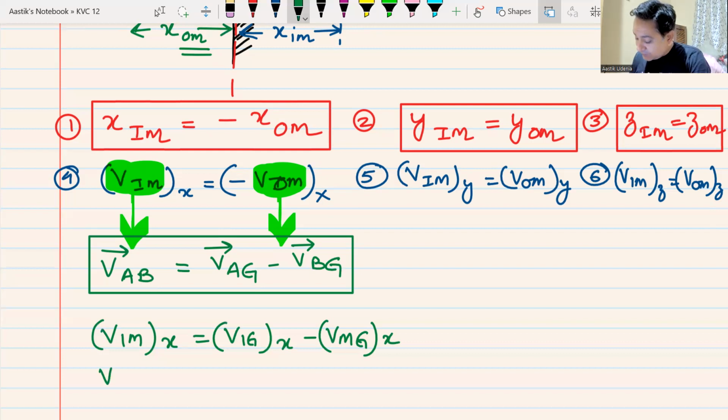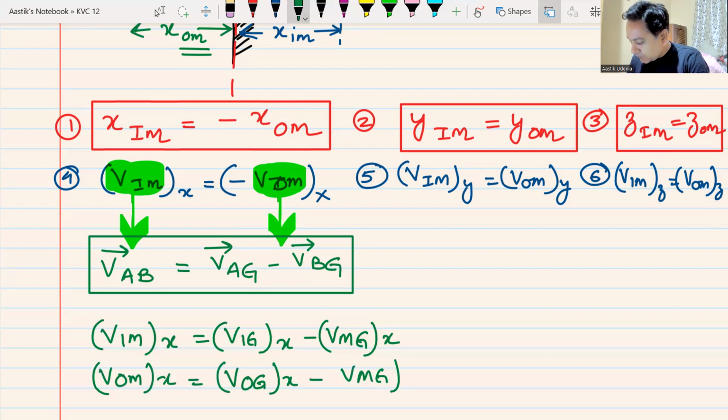Similarly, I can write velocity of object with respect to mirror along x will be equal to velocity of object with respect to ground along x minus velocity of mirror with respect to ground along x. So far, so good. Are we moving in the right direction, my dear friends?